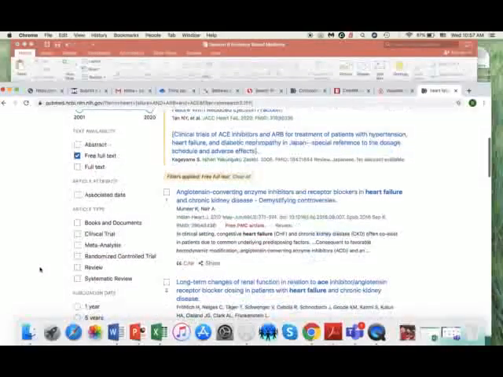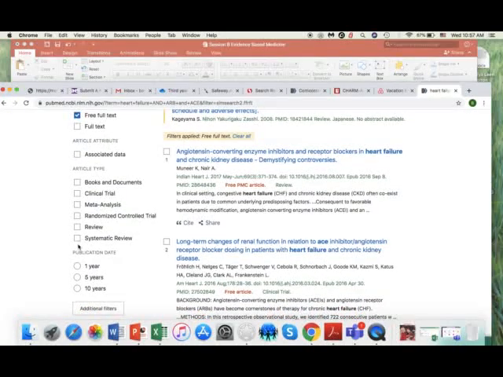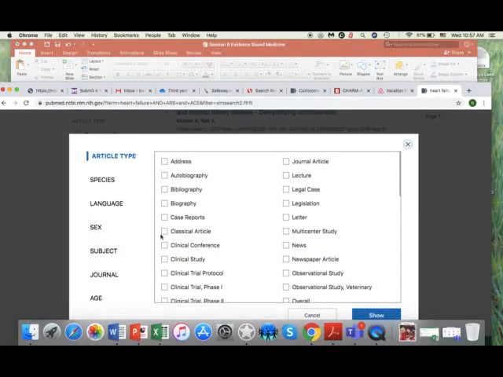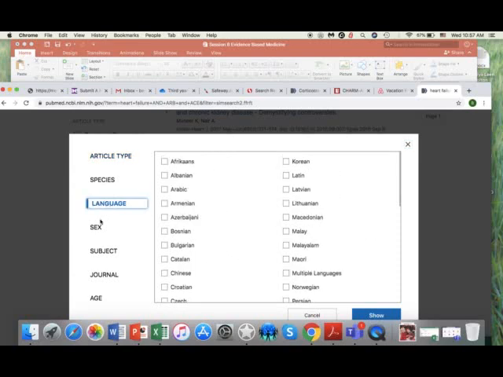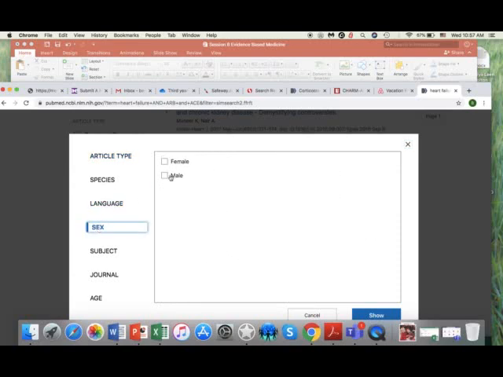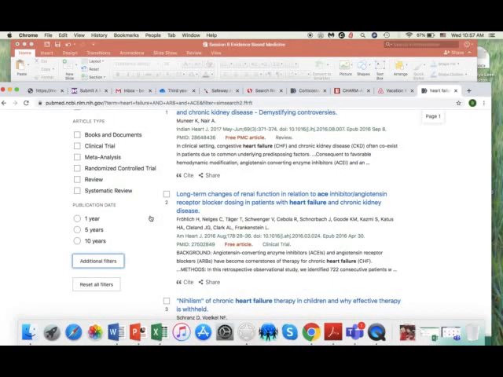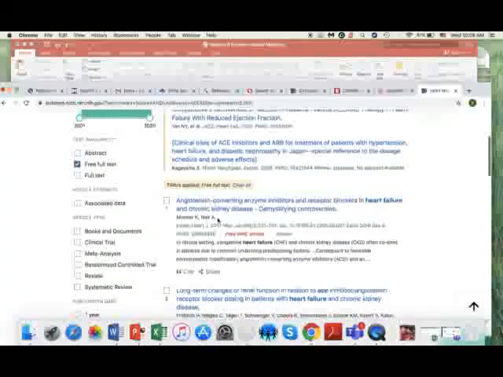You can also here refine it based on what type of study was done. You can do it based on all of these different things: the language, the sex of the subjects, what type of journal, all these different things. So you can really limit it there, how old the studies are.